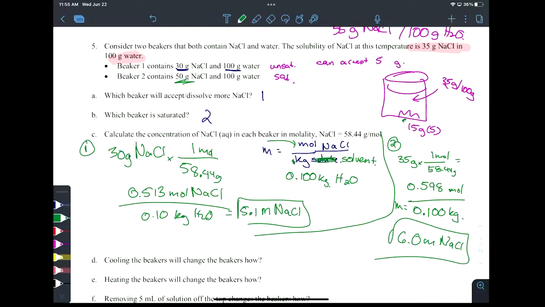Yes, it can accept more salt. What if I added another little pinch? Yes, it will keep accepting salt until it reaches the max solubility determined by that first sentence in the question. So that we're under the solubility line. Does that make sense? I think you're just misunderstanding the question.